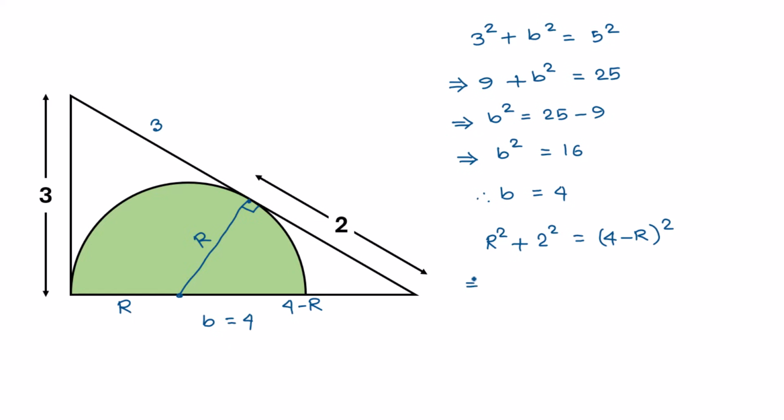Or this r squared plus 2 squared, this is 4, is equal to, applying the formula (a minus b) whole squared is equal to a squared minus 2ab plus b squared, 4 squared minus 2 times 4 times r plus r squared.